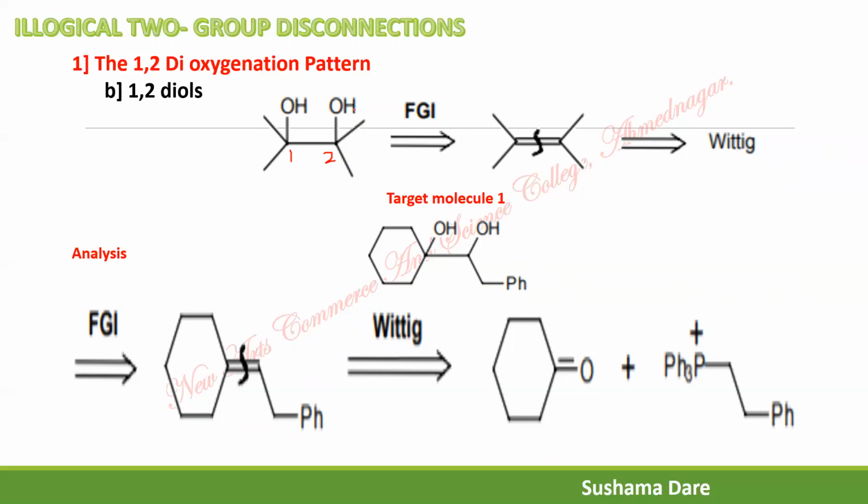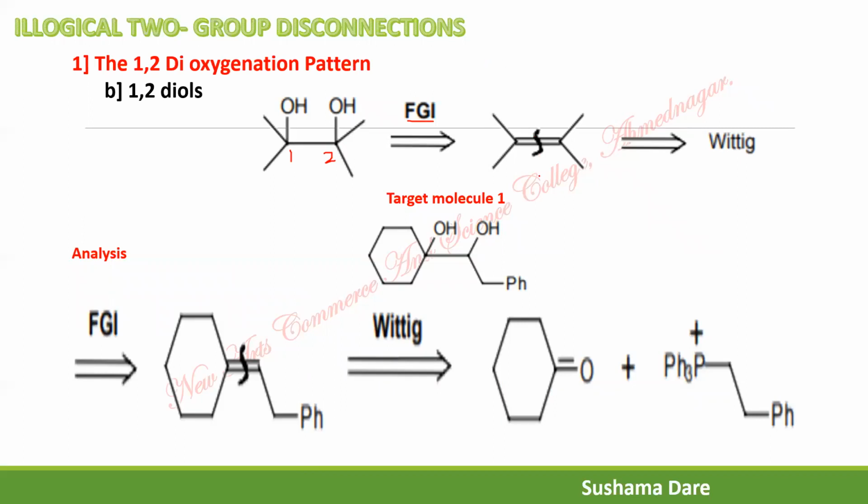So whenever a 1,2 diol is there, what do you do always? You always go with the FGI, because 1,2 diols are obtained from the oxidation of the double bond. So you remove these two hydroxy groups and simply place the double bond. The reason behind is that the diols are obtained after the oxidation of the double bond. So how to get the double bond over here?